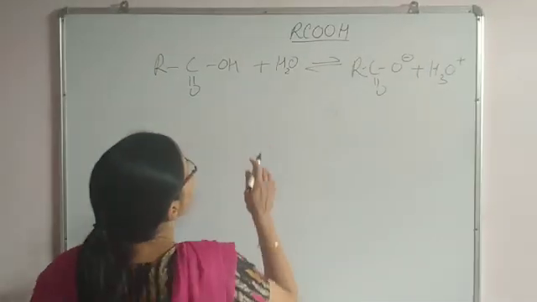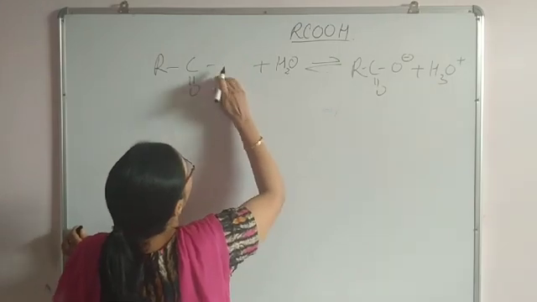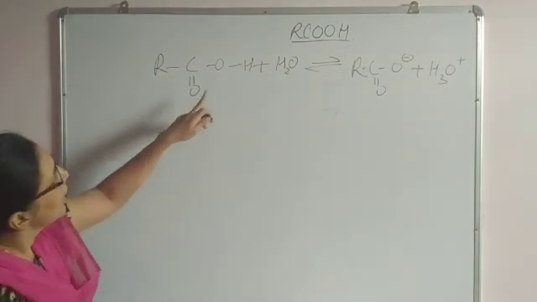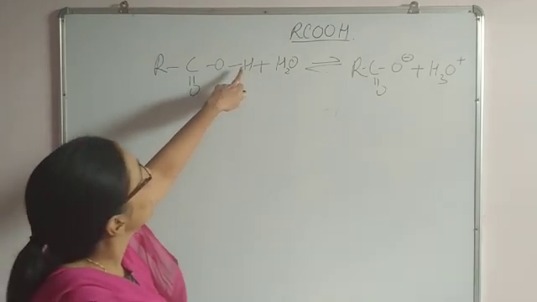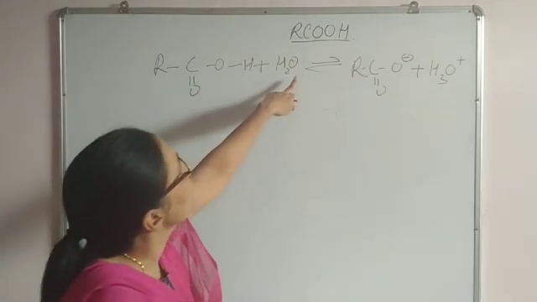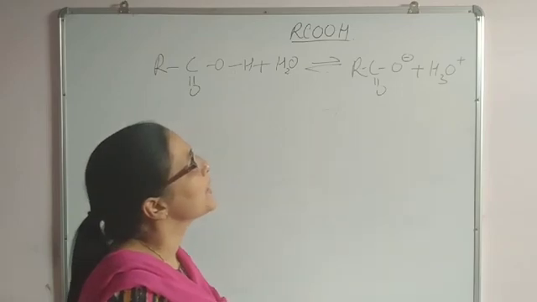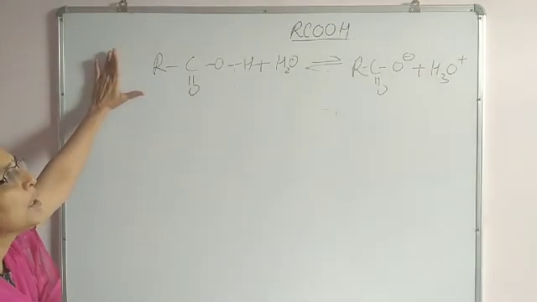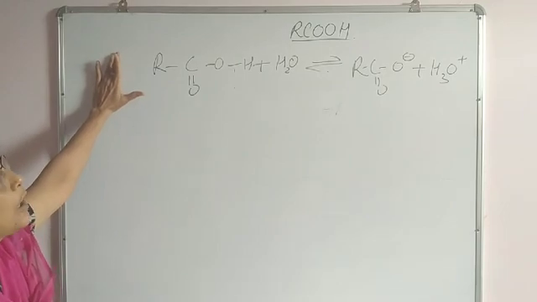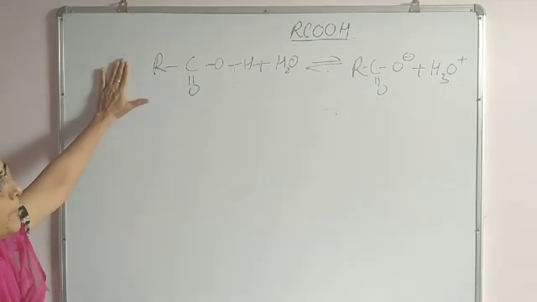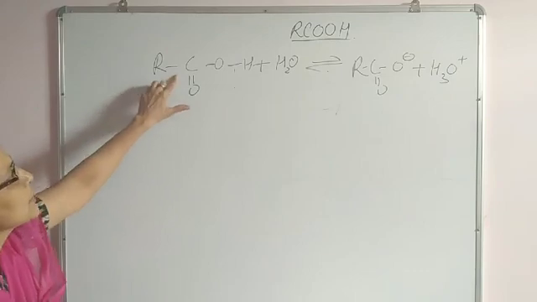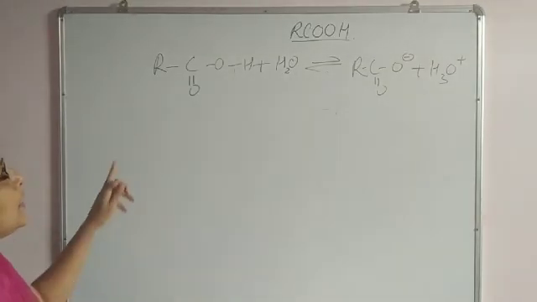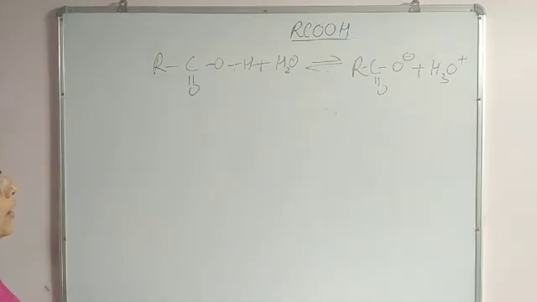It means dissociation will take place, this oxygen-hydrogen bond will be broken, and a hydrogen ion will be released and form the H3O plus ion. This reaction shows that carboxylic acids show acidic character. So we are discussing the acidic strength of RCOOH compounds.